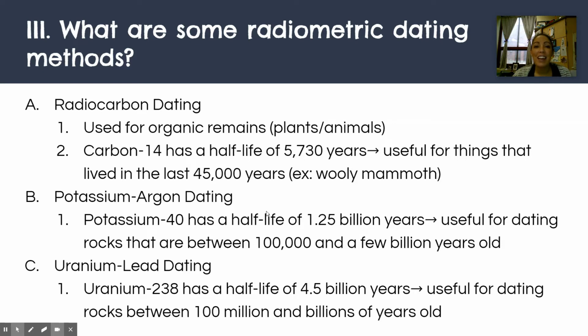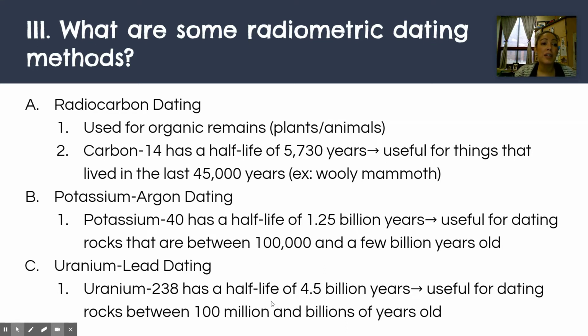Uranium has a half-life of 4.5 billion years, which is even longer. So it is useful for dating the very first rocks that formed Earth, which are obviously 4.6 billion years old. So very useful for the older rocks that we might find.